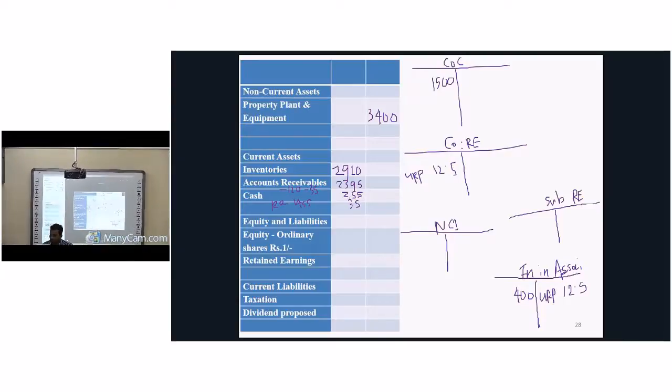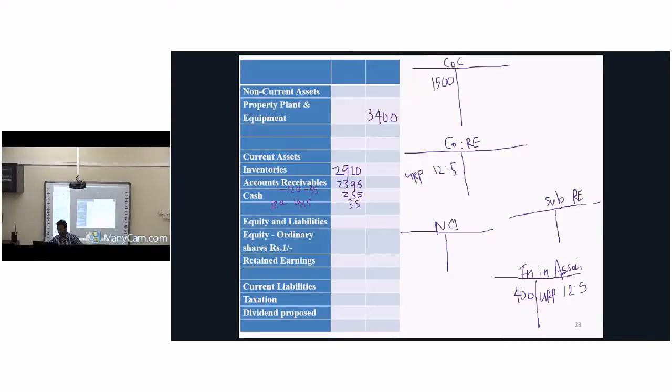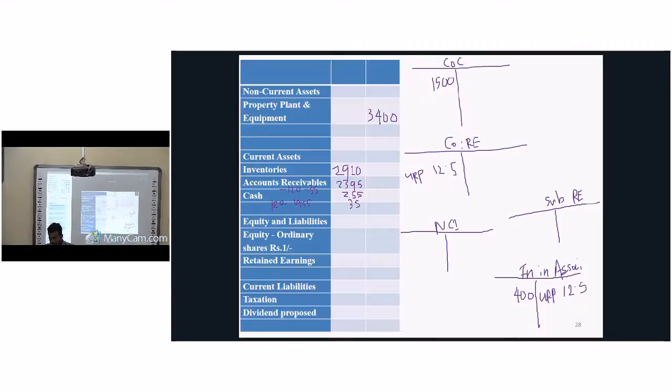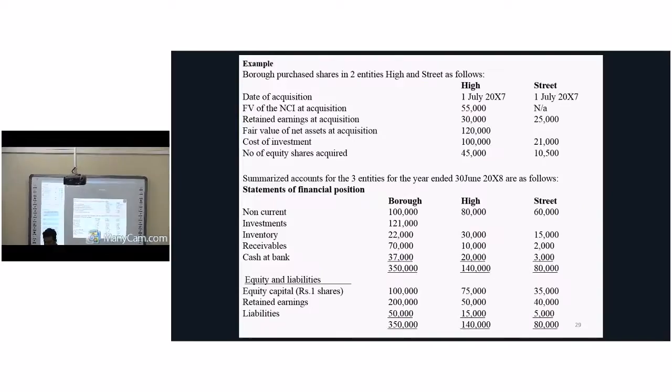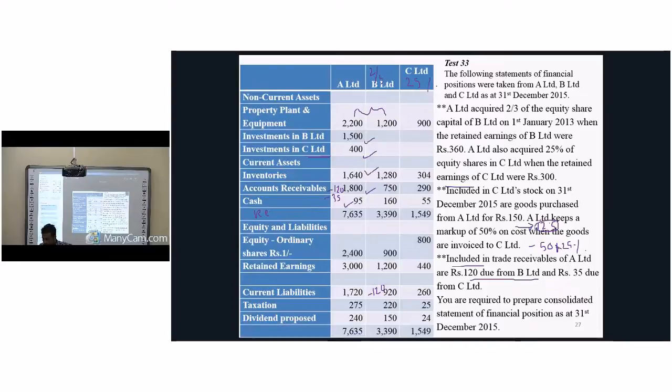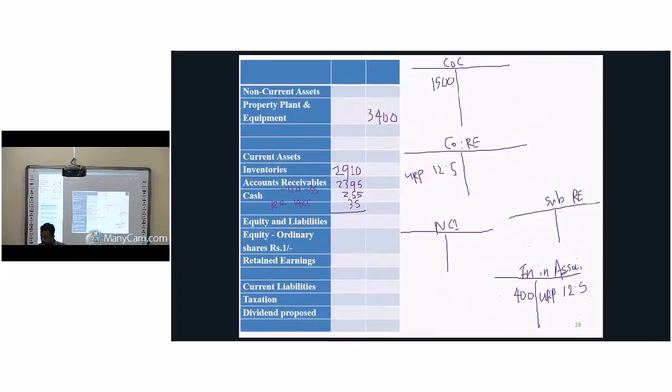What about next? Equity, shares parents, this 2400 we take into cost of control.